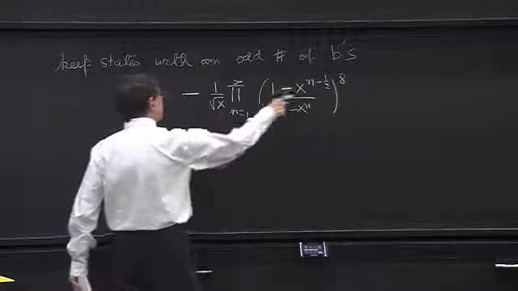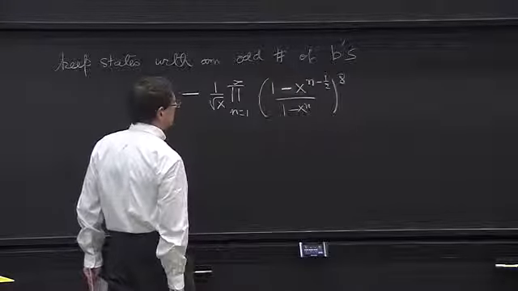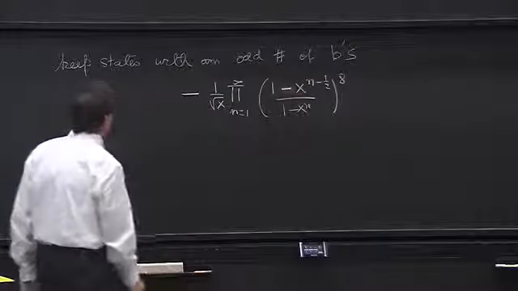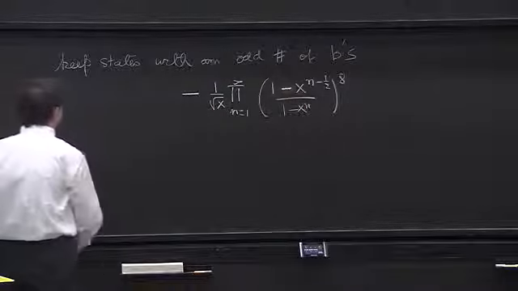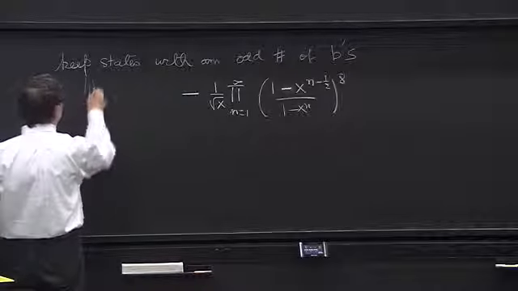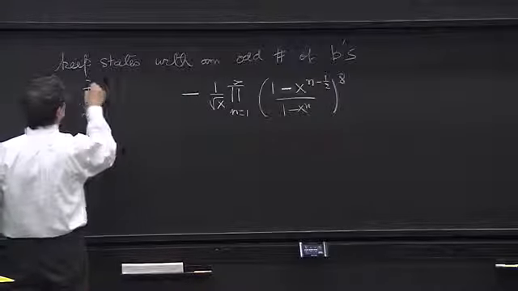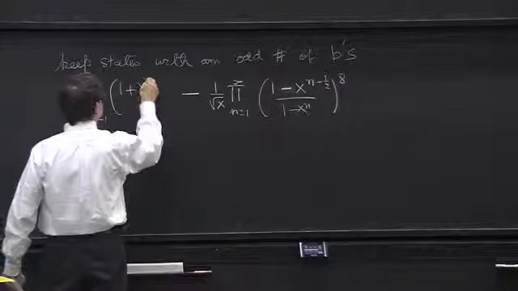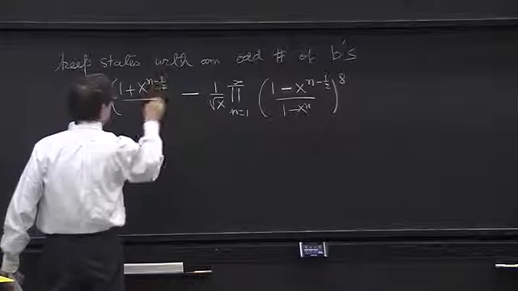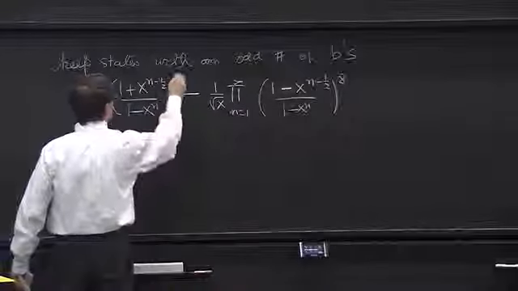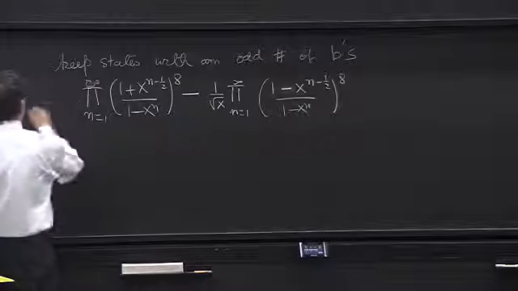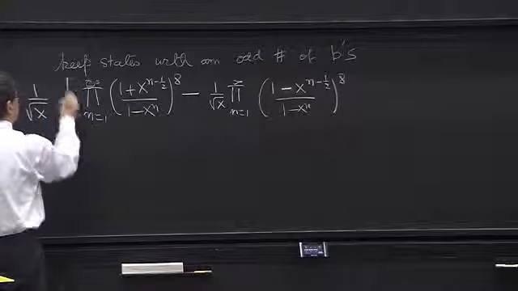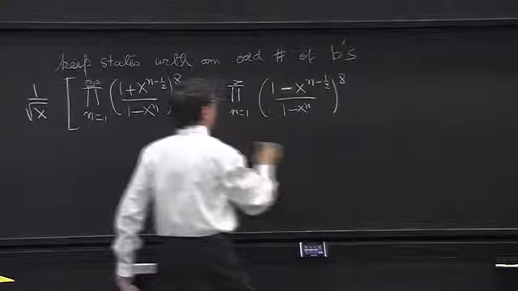And therefore now in this thing, the odd ones don't change sign, and the ones with even numbers of b change sign. So I'll take the original one and subtract this. I have the product n equals 1 to infinity of (1 plus x to the n minus 1/2) over (1 minus x to the n) to the 8. And I have the 1 over square root of x, so I'll put that in front.